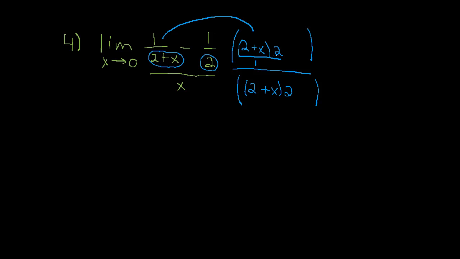So I'm really just multiplying 2 times 1, and I get 2. When I multiply it by this second term, you'll notice that this 2 reduces with this 2, and I'm left with just this 2 plus x.